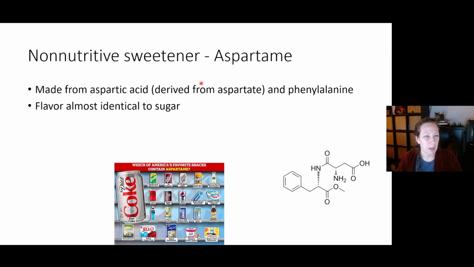I guess compared to a lot of other sweeteners, it's closer to sugar than others. Aspartame is 200 times sweeter than sugar. And I'm not going to ask you to recite exactly how much sweeter any of these are than sugar, but just pay attention to the fact that most of these non-nutritive sweeteners are quite a bit sweeter than sugar.